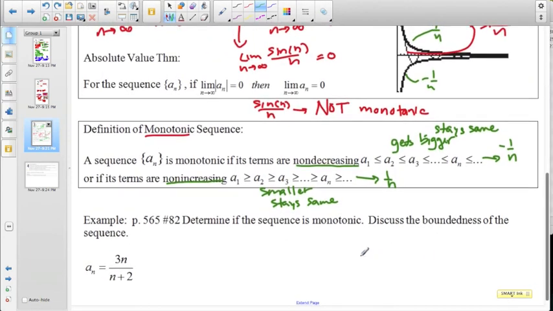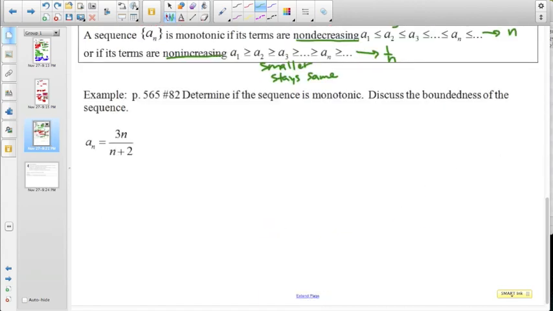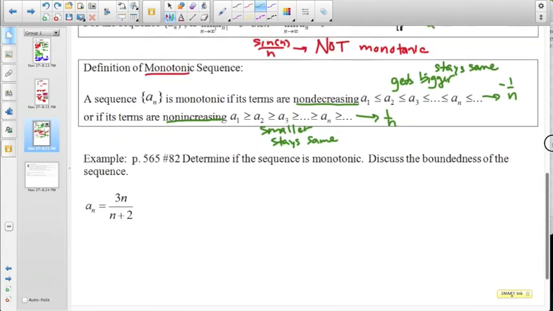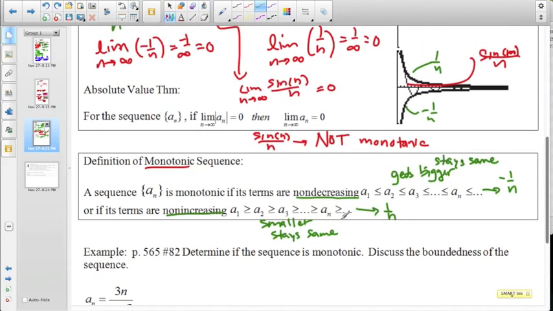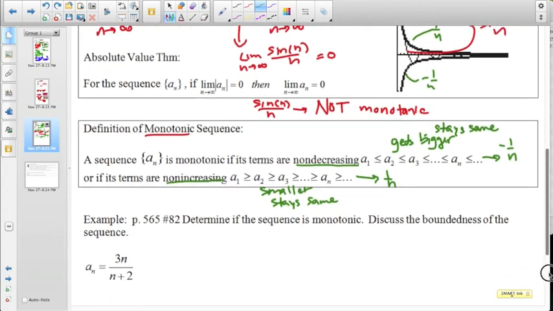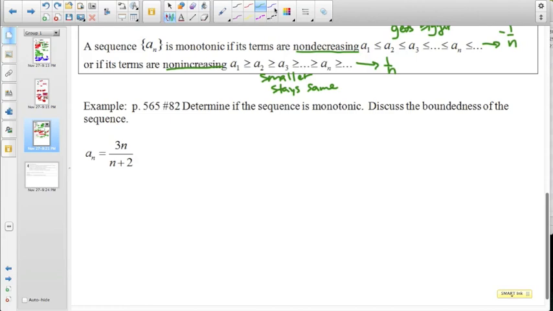So we can talk about that in a couple of ways. Either we can talk about it algebraically, or we can talk about it involving calculus. Let's take a look at each one of those ways. We'll save this example for a little bit later.